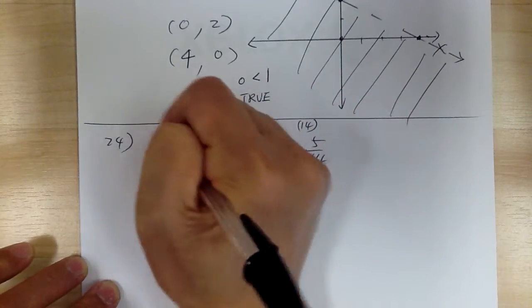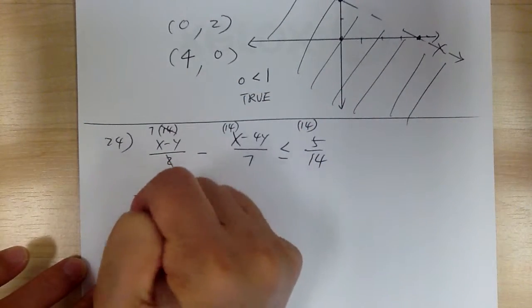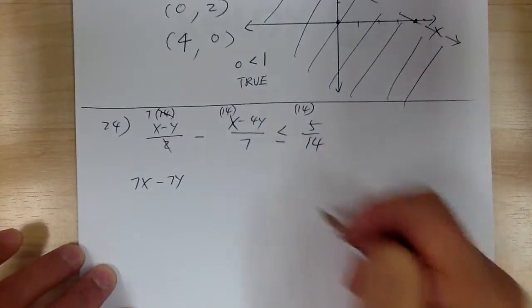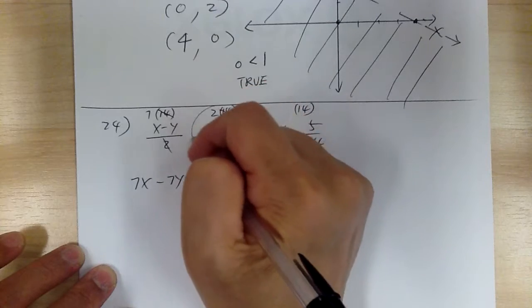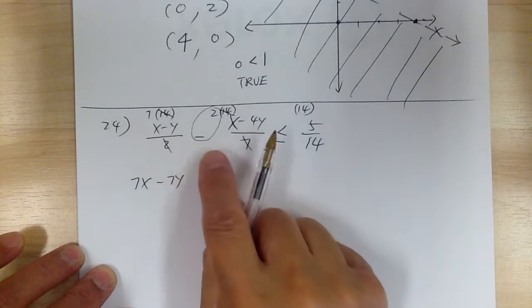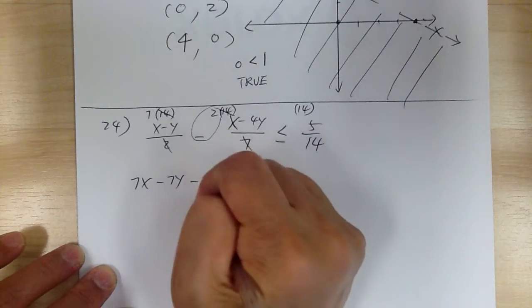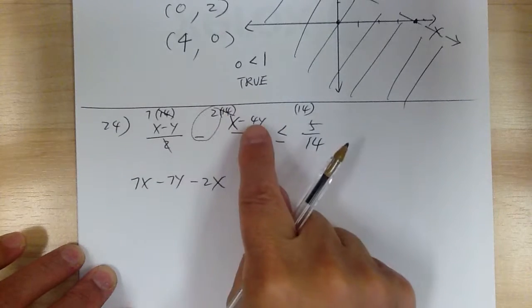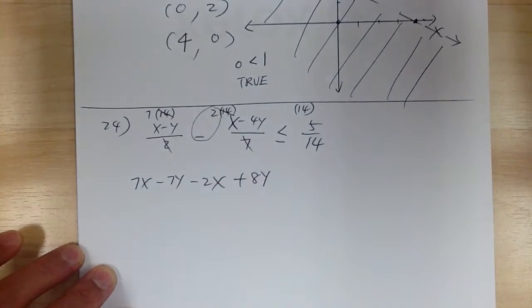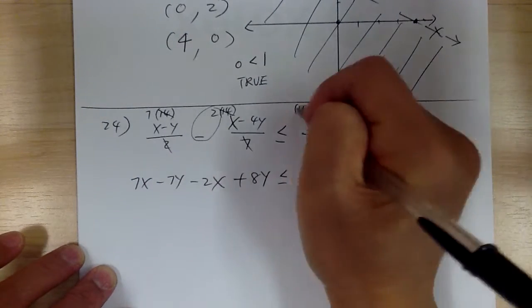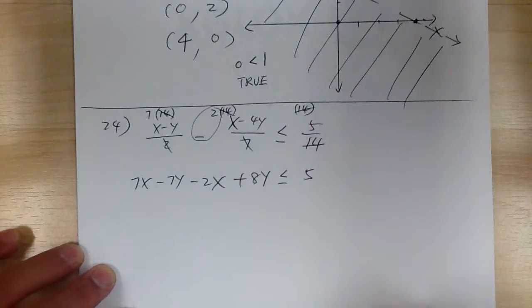So this will cancel, I get 7. So I get 7x minus 7y. This one I cancel, I get 2. Now there's a negative over here, so you have to watch your negative. So it's negative 2. So negative 2 times x is minus 2x. Negative 2 times minus 4y is plus 8y. So you've got to pay close attention to the signs. This cancels out, so it becomes 5.